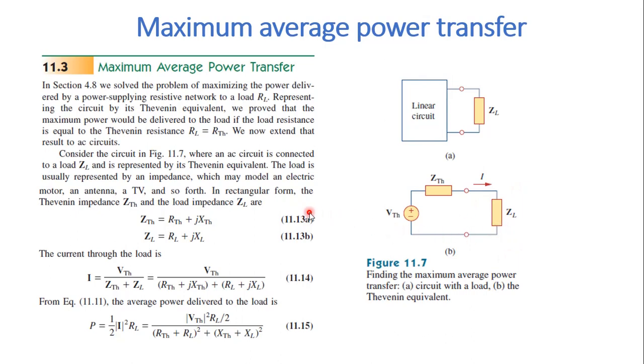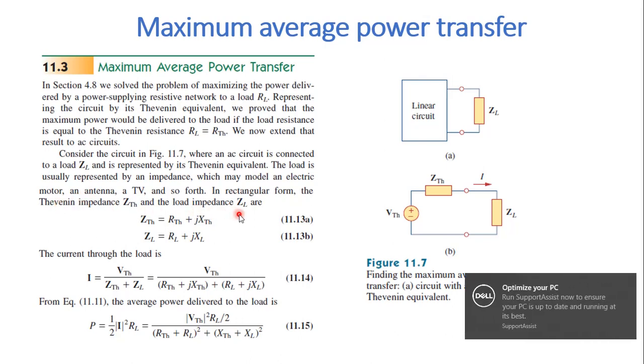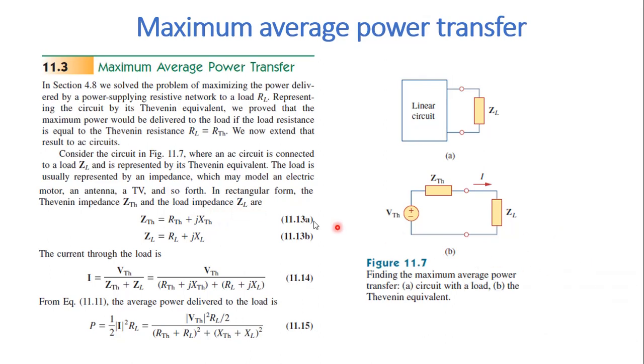First, let us write the Thevenin's impedance and load impedance in rectangular form. In rectangular form we know that impedance Z is written as Z equals R plus jX, where R is the resistance and X is the reactance.